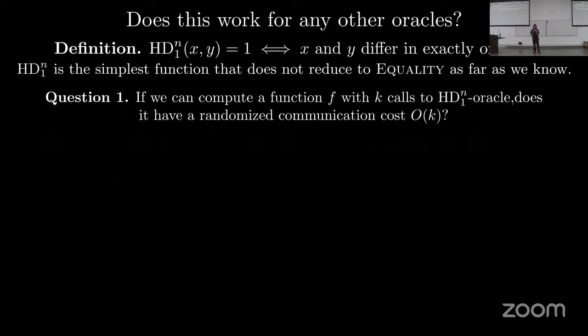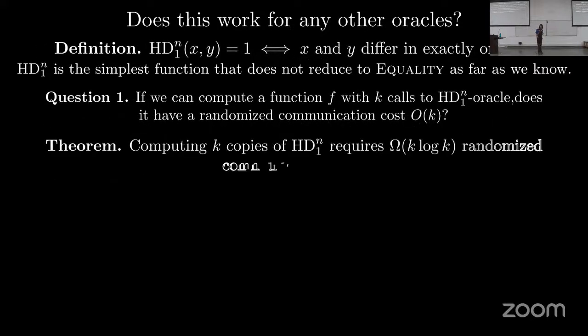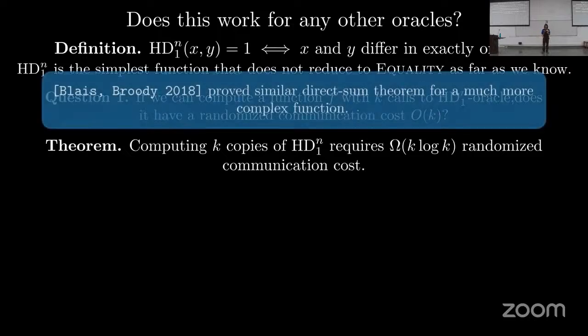The answer is no. We prove that, in particular, if you need to compute the value of k copies of Hamming distance 1, you already need k log k randomized communication cost.